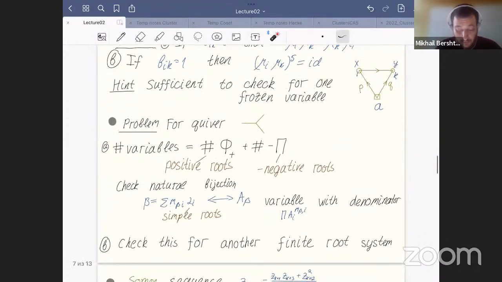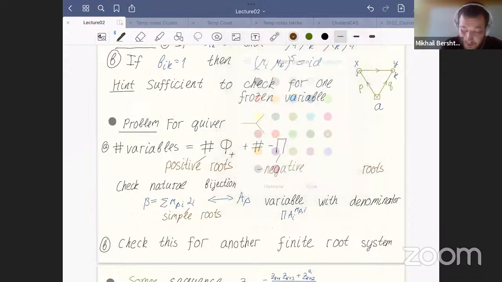The last problem here is for one more quiver. Actually, this quiver from which we started is D4, and the task is to show that this quiver is also of finite type. The variables are in natural bijection with almost positive roots. By almost positive I mean positive roots plus minus simple roots.